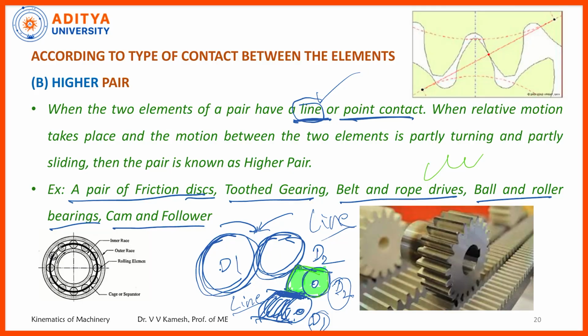Suppose the follower is a pointed one, then you have only point contact. Suppose the follower is a roller follower, then it is having line contact. So in both cases it is called a higher pair, okay.